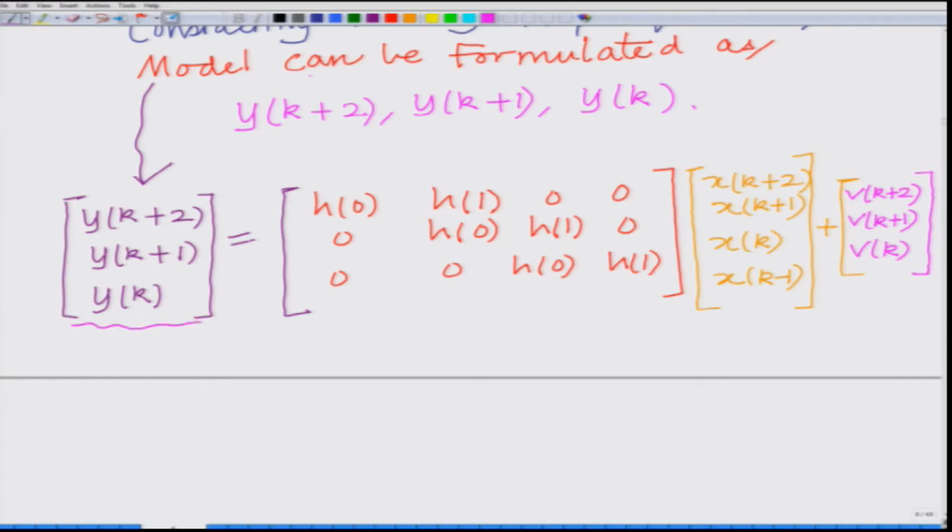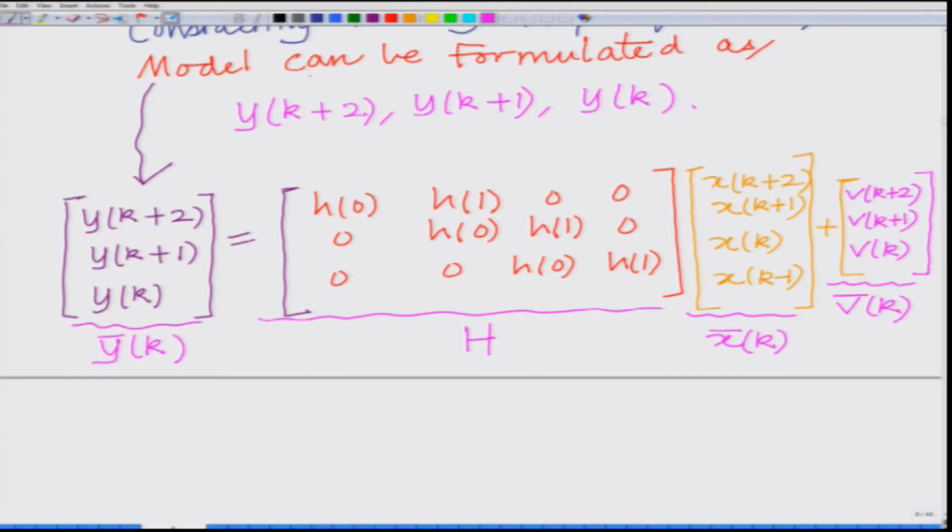So, this is my received vector y bar of k, this is my matrix H, this is my symbol vector x bar of k, and this is my noise vector v bar of k.